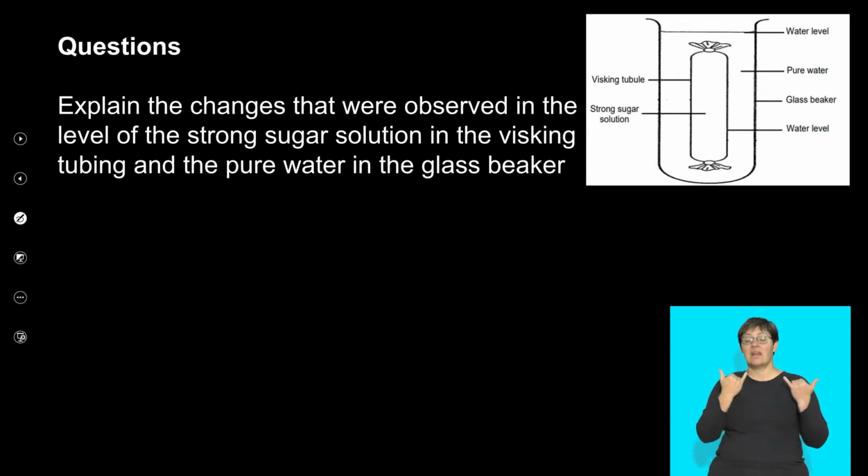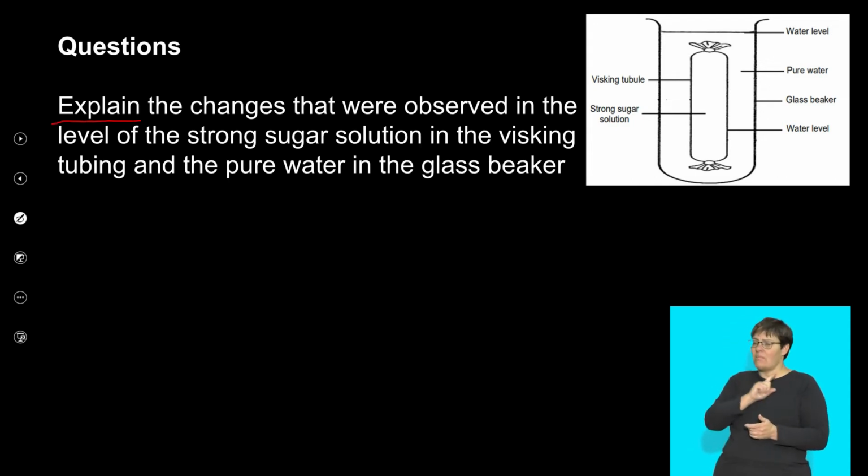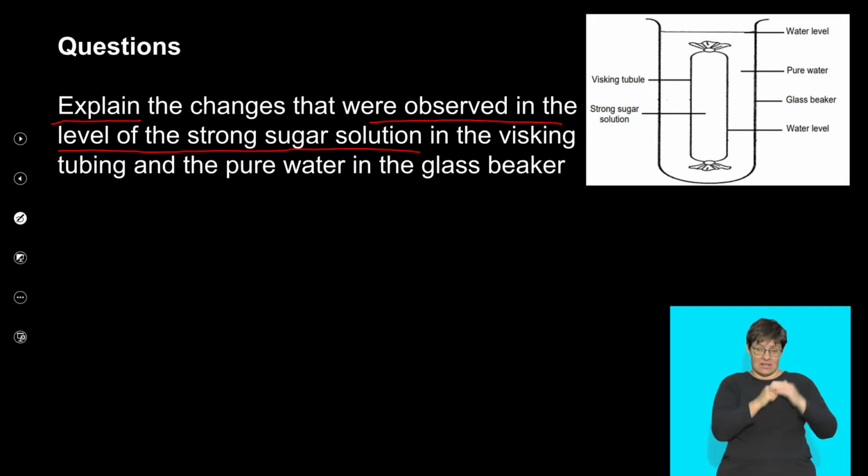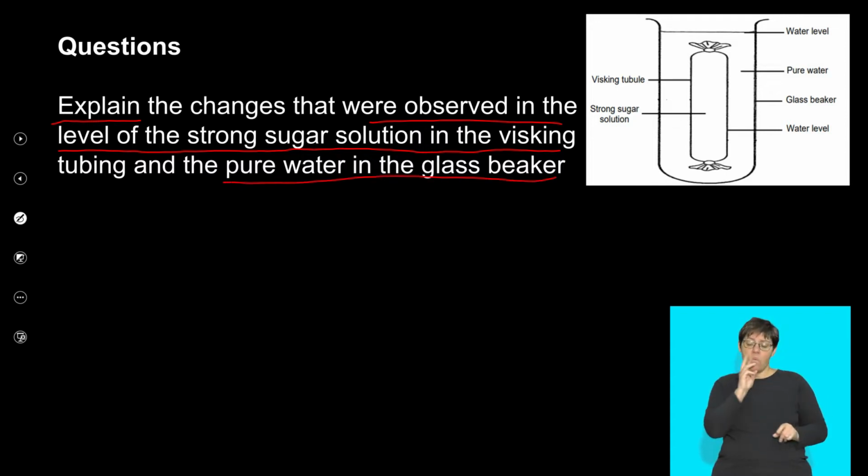Now I have to explain, all right, tell me why the changes that were observed in the level of the strong sugar solution in the whisking tubing and the pure water in the glass beaker. Okay, guys, 2 things they want. Let's break it down. So, what did you notice about the sugar solution, and what did you notice about the water in the glass beaker?